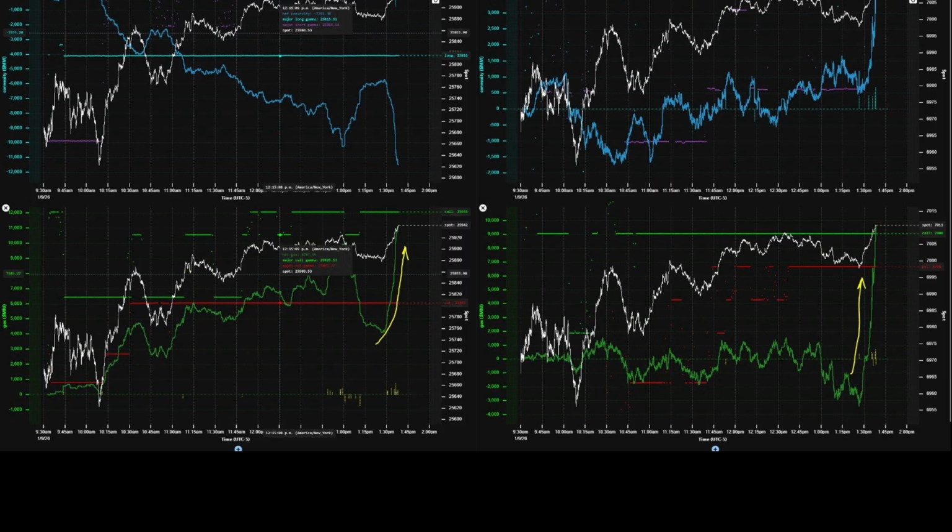Other valuable information for us is the net GEX. The net GEX is this line that always continues with price, and see here how the option market leads the futures market.